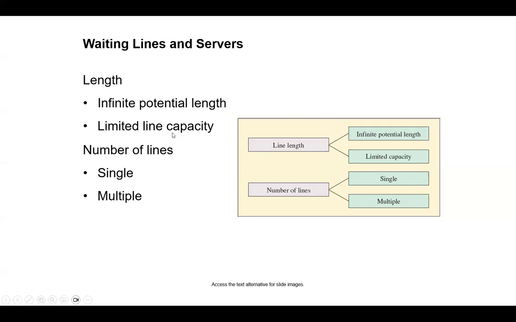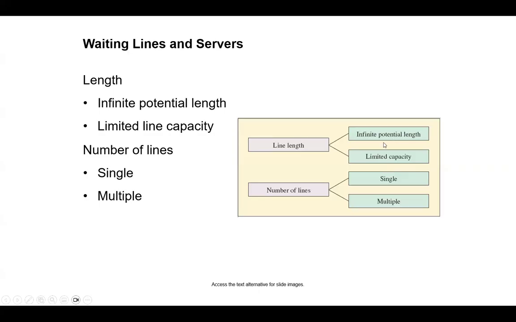For example, for a gas station, because of space limitations, we have a limited size for waiting in the system. This is what we call limited capacity, the finite length.